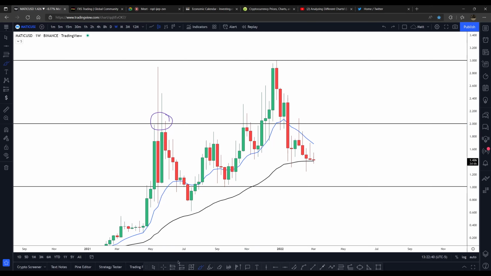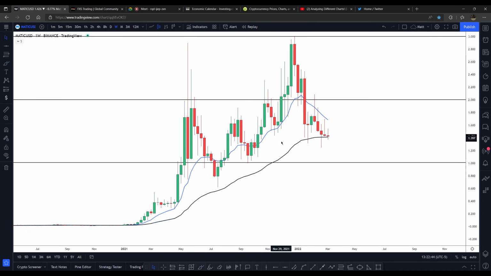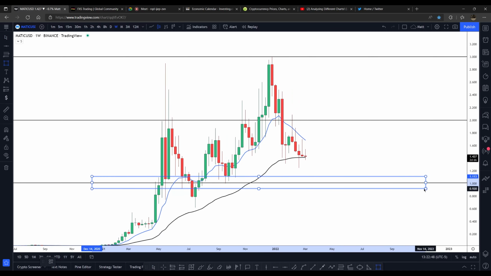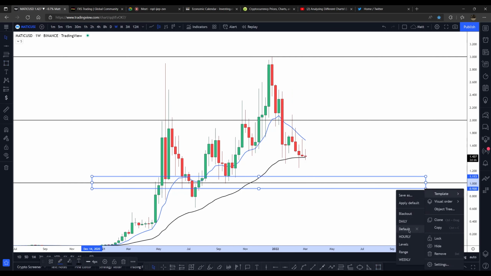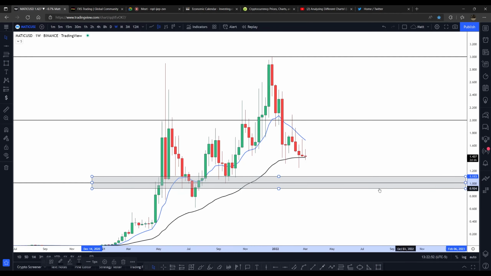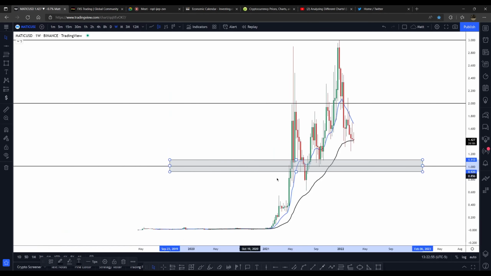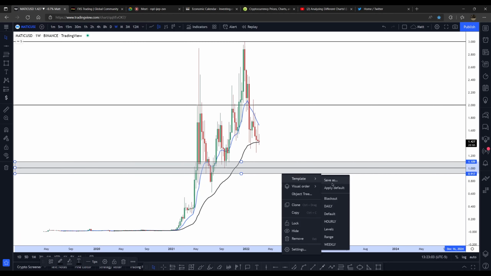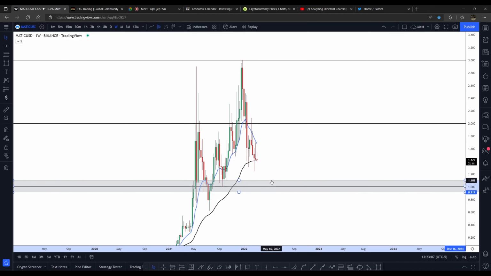Now, this is personal preference: if you want to keep it cleaner, you can just keep the horizontal lines on. But what I like to do is use a rectangle tool, so something like this, and I will extend them out typically. So this is where I might have my horizontal line drawn, maybe I have it turned off, and then I have this marked out as my weekly zone, right? So I just set that in the back.